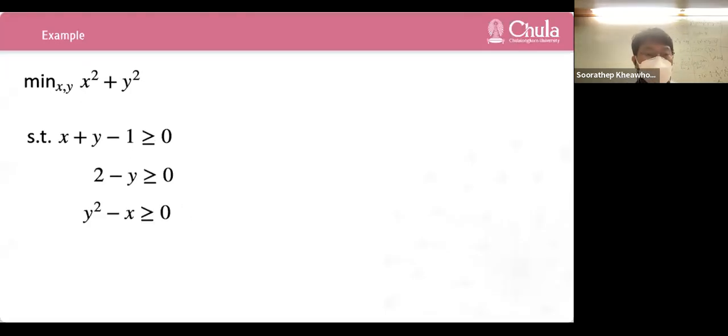For example, we have the objective function x squared plus y squared. And we have inequality constraints: x plus y minus 1 must be greater or equal 0, 2 minus y must be greater or equal 0, and y squared minus x must be greater or equal 0. In the case of an equality constraint, for example x plus y minus 1 must be 0, all the points that satisfy this equation are candidates.